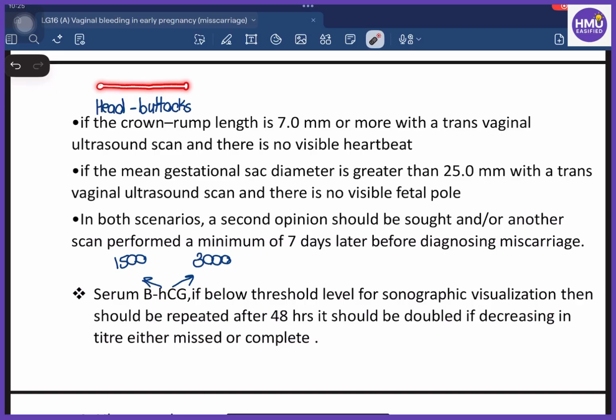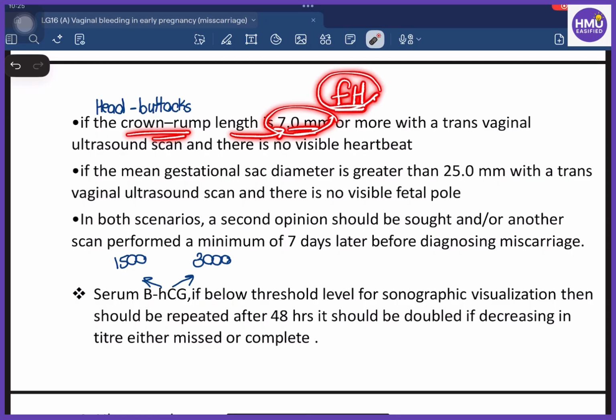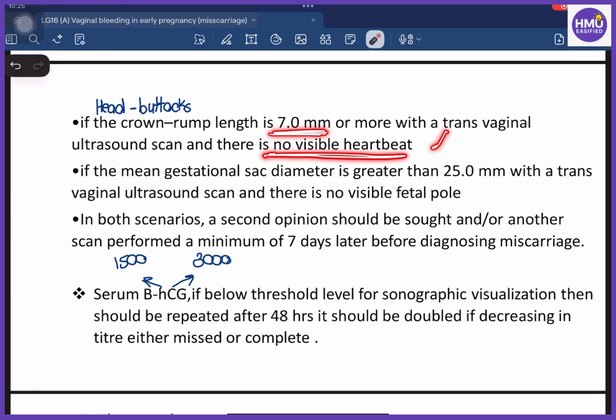If this length is 7 millimeters or more on transvaginal ultrasound, and there is no visible fetal heartbeat, then this is a miscarriage, the baby is dead. So that's method number 1, using the crown rump length.